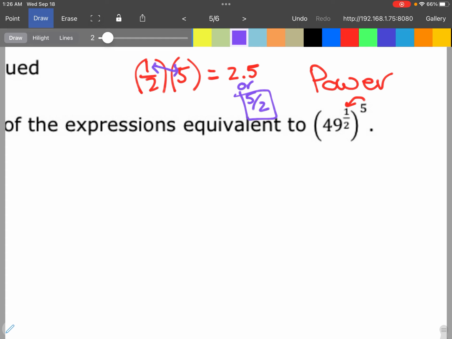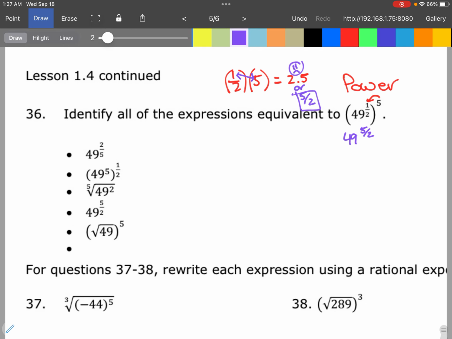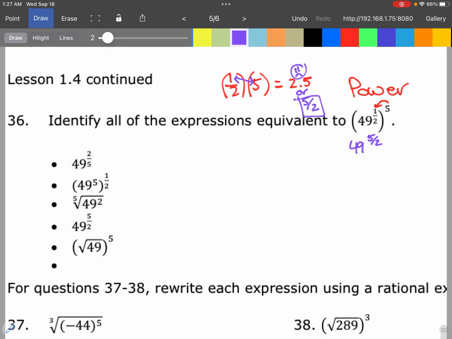That's it. 2 is being divided. So, yeah, we like decimals, but sometimes decimals are kind of frowned upon. Anyways, this situation right here is 49 to the 5 halves power. Who's equivalent to that? Definitely not this guy. They got him flipped around.